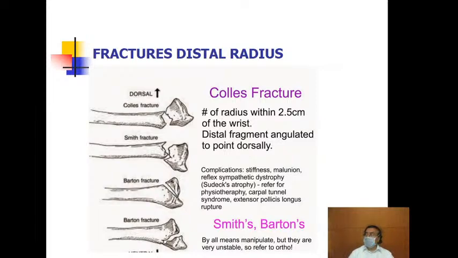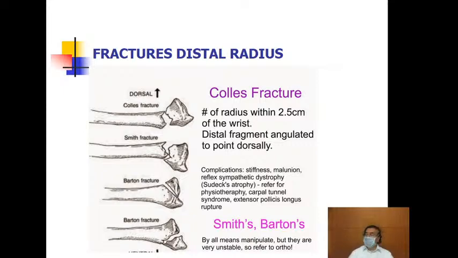Coming to the wrist joint, the synovial joint, the articulating surfaces are the distal end of the radius and the proximal row of the carpal bones, except pisiform.